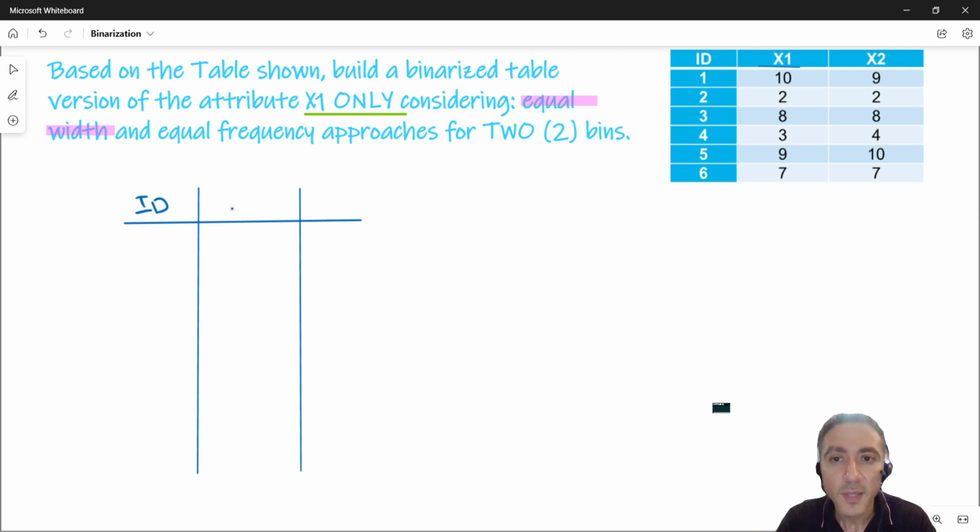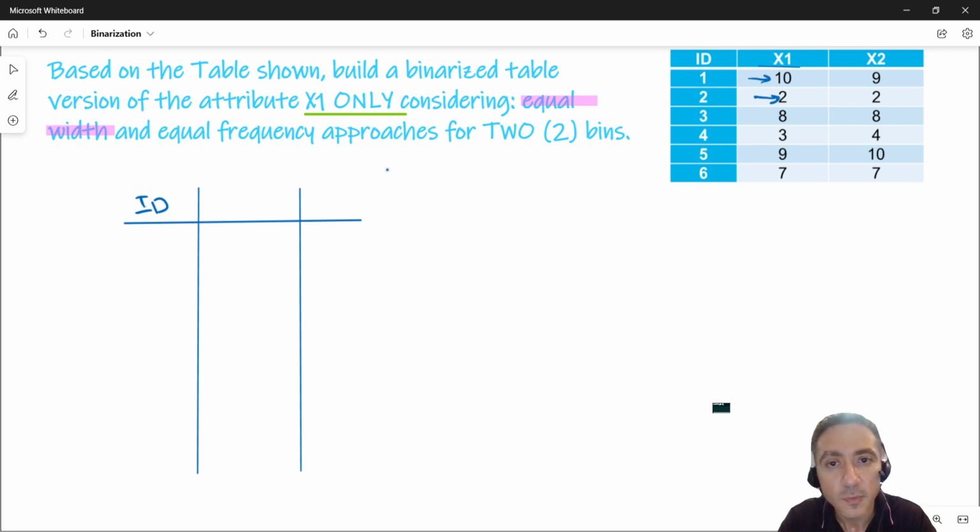In order to determine the bin range for each one, again with only 2 bins, we need to know the range of values that x1 may take. The smallest value for x1 is 2, while the highest value x1 has among these 6 objects is 10.